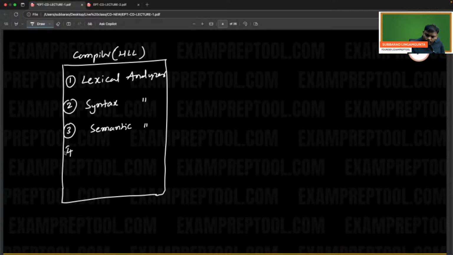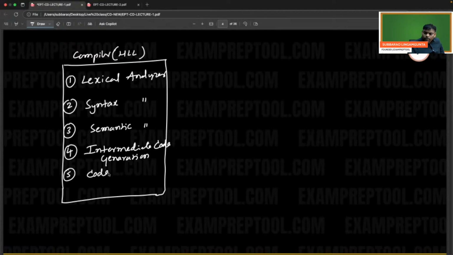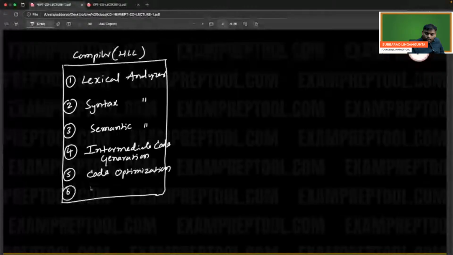Fourth one, intermediate code generation. Fifth one, code optimization. Sixth one, target code generation.